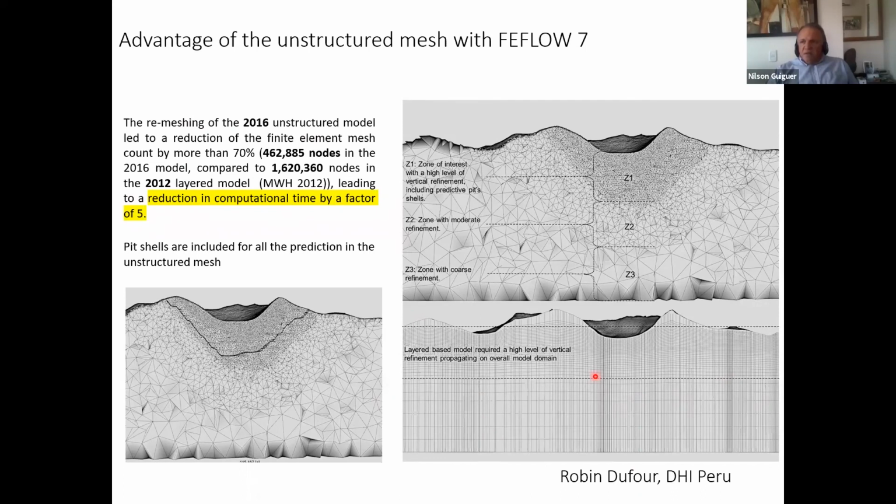And then he revisited this model and redid it in unstructured mesh. And he was able to do a bigger model. In fact, they were not even the same size, but a bigger model with 400,000 nodes instead of 1.6 million nodes. And every run was 5 times faster than the previous model. So there is a big advantage, not only in representing the geology much better, but also in terms of saving the number of nodes and therefore time.